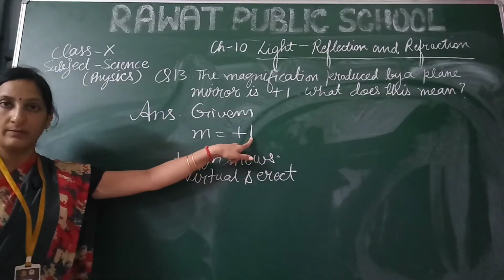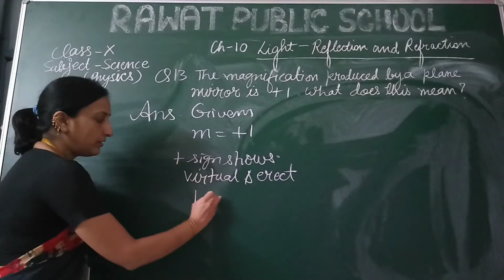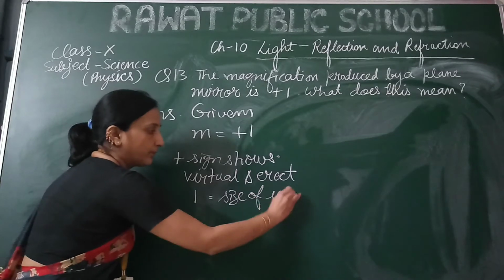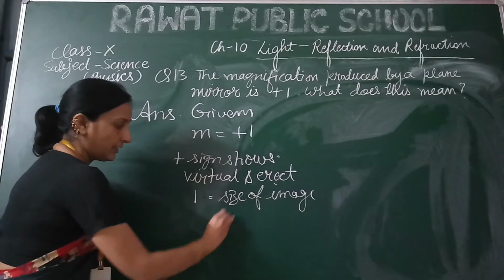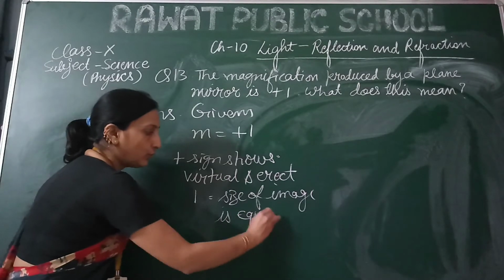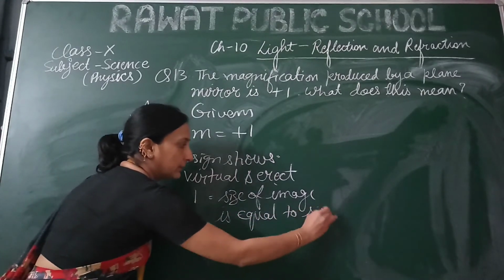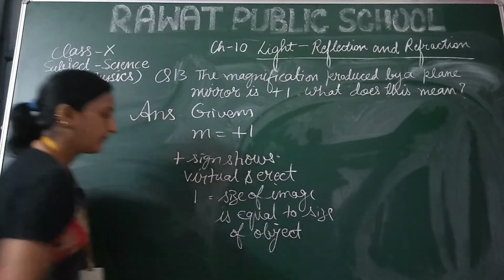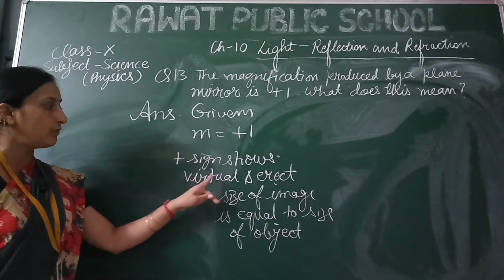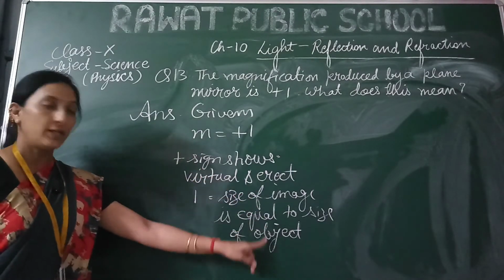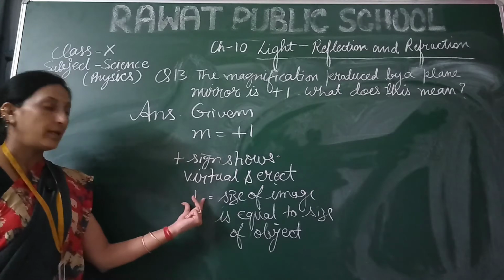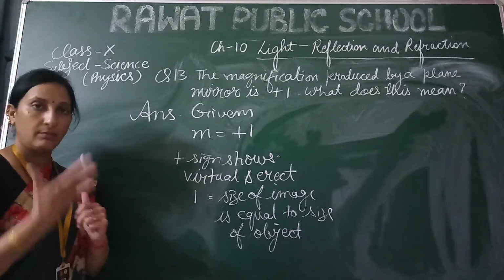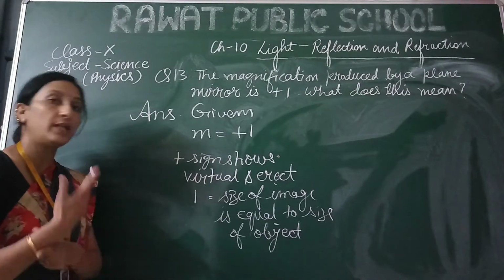The value is 1. If the value is 1, which shows that the size of image is equal to size of object. 1 क्या शो करता है कि साइज ऑफ द इमेज बराबर है साइज ऑफ द ऑब्जेक्ट के. अगर ये more than 1 होती है then the size of the image is more than the size of the object.